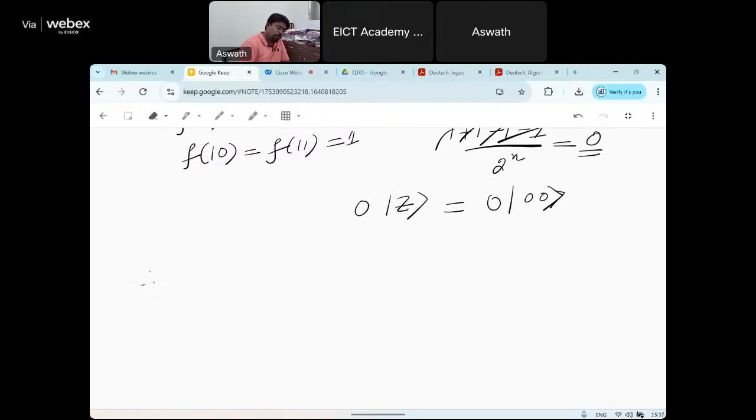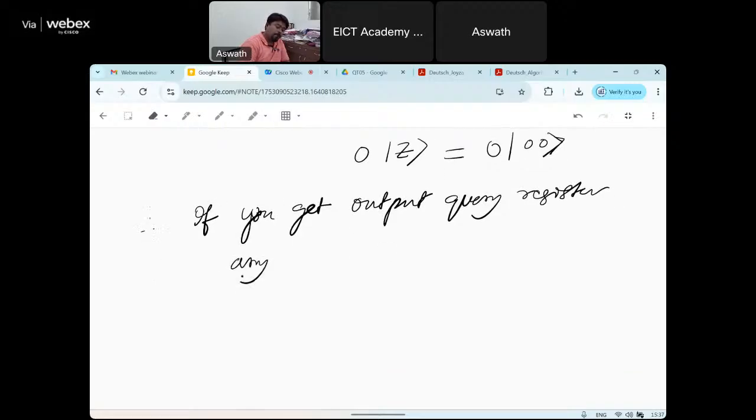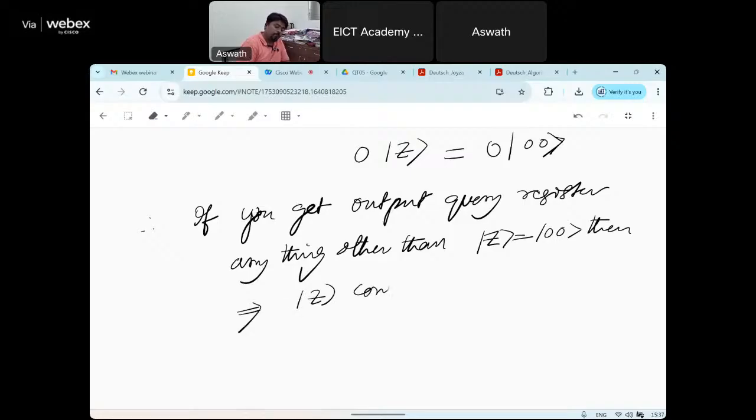Which implies if you get an output of the query register anything other than the 0 0 state, then z could be either 0 1 or 1 0 or 1 1.